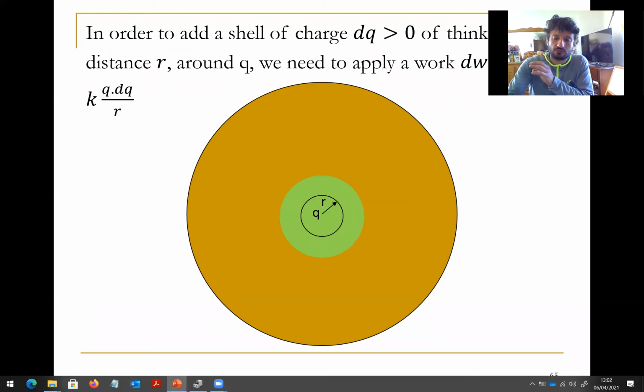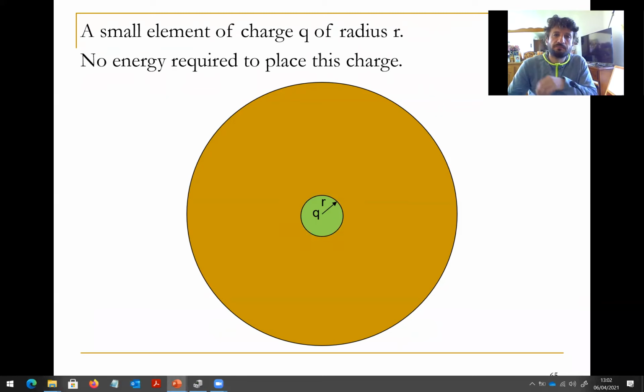In order to put a small charge Q in space, we don't need any effort. We don't need any external agent or external work to put this charge, because we don't have another effect from the external medium.